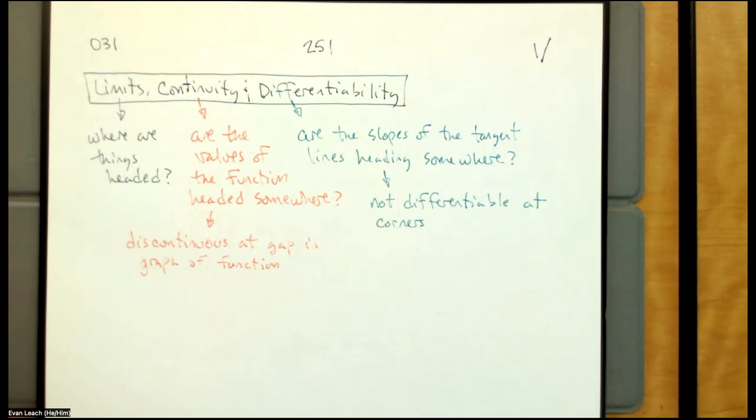Discontinuous because the value going in is not the same as the value coming out. Differentiability is that the slope going in is not the same as the slope going out. So that means corners.